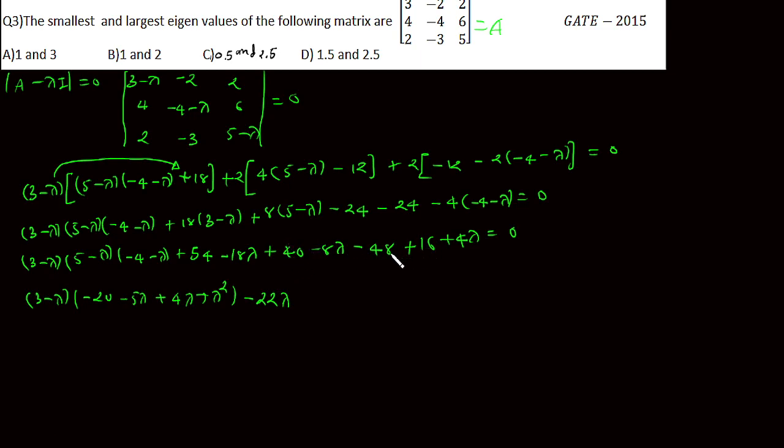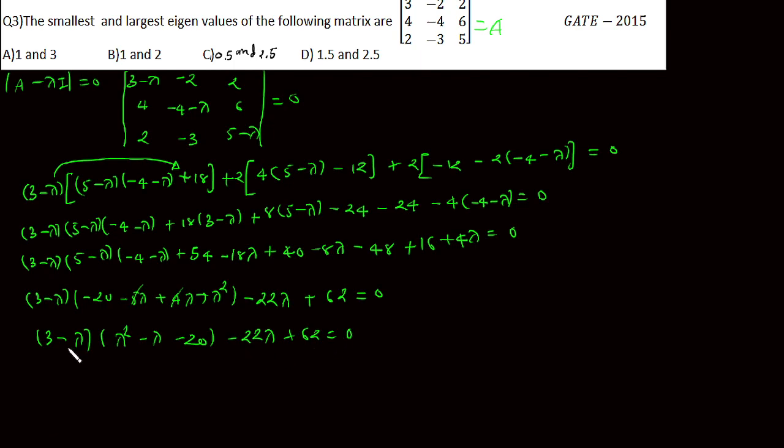So 14 plus 16 will be 56 plus 6. So we are getting simply positive 62 equal to 0. Now let's simplify again further. So here lambda square minus lambda, here 5 lambda subtracted from the 4 plus 4 lambda, so we are getting minus lambda minus 20 minus 22 lambda plus 62.